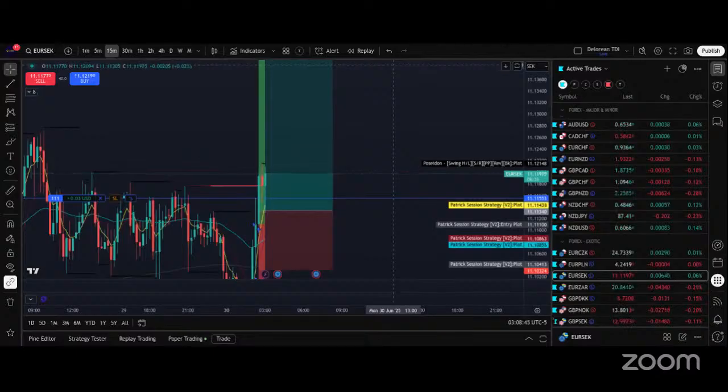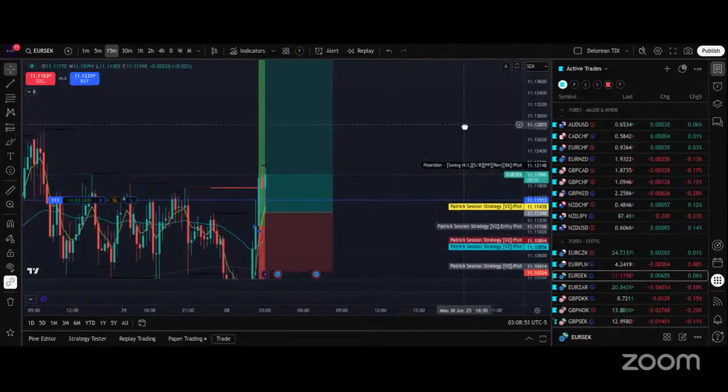Still doing fairly decent on Euro versus Swedish krona, which we called out about a half an hour ago.